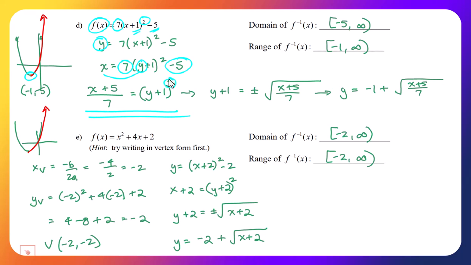To get rid of the squared, I root both sides. Initially, I get plus or minus, but if I take the portion to the right, I only use the positive, and then, you're right, I forgot, I take the y value and replace it with f inverse of x.